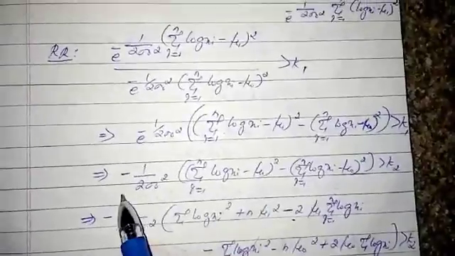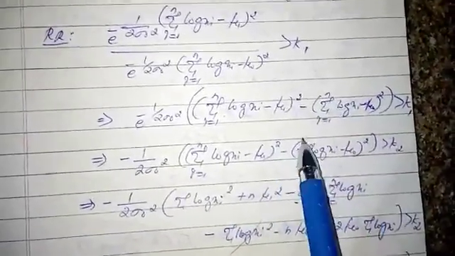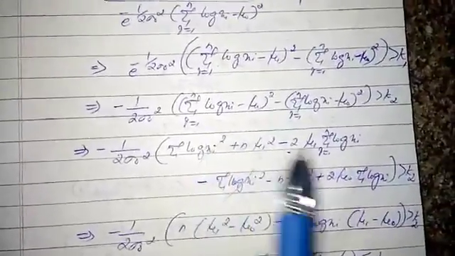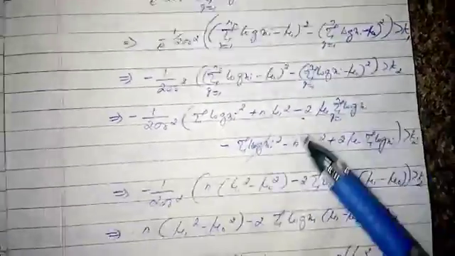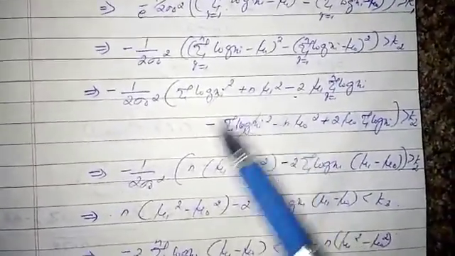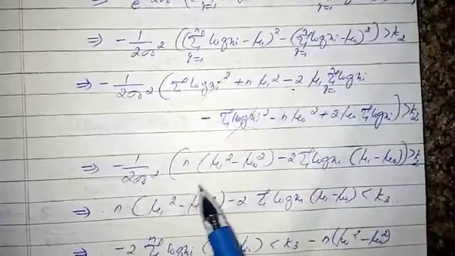Then we will get minus 1 by 2 sigma naught square times the same term. Then we simplify this term, and after simplifying we cancel the terms. Then we can rearrange these terms in this form.